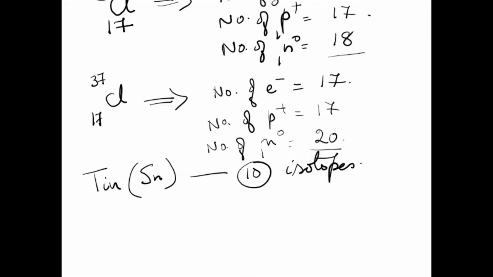Then you have another element, uranium, which we will be learning in detail further in the chapter, which is a radioactive element. Uranium also has 2 isotopes, U-92-235 and U-92-238.